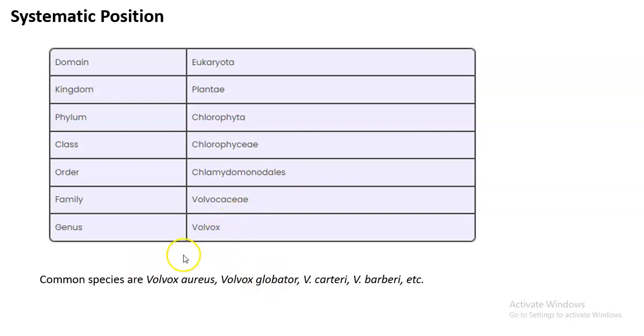Under the genus there are multiple species: Volvox aureus, Volvox globator, Volvox carteri, Volvox barberi, etc. You can study just two examples, Volvox aureus or Volvox globator. Volvox aureus is very common; it causes harmful algal blooms in ponds. So this is the systematic position. You have to write this for every genus that you are going to write a life cycle about.